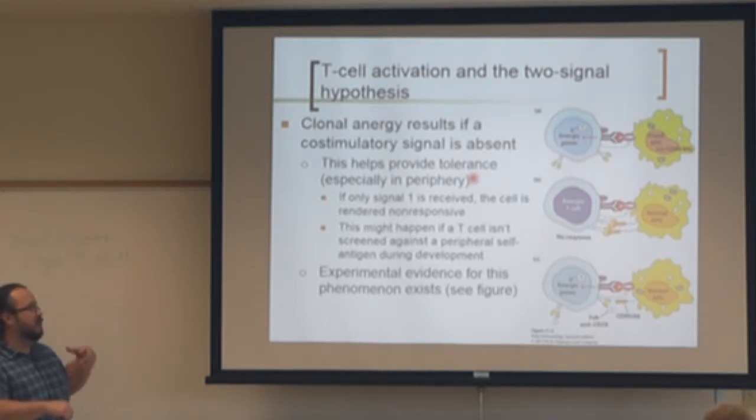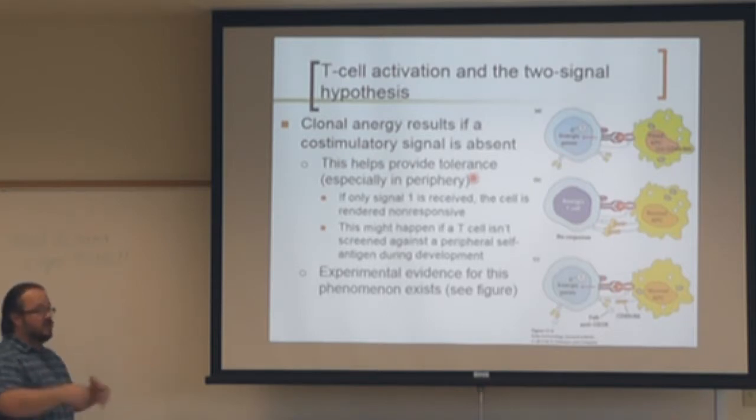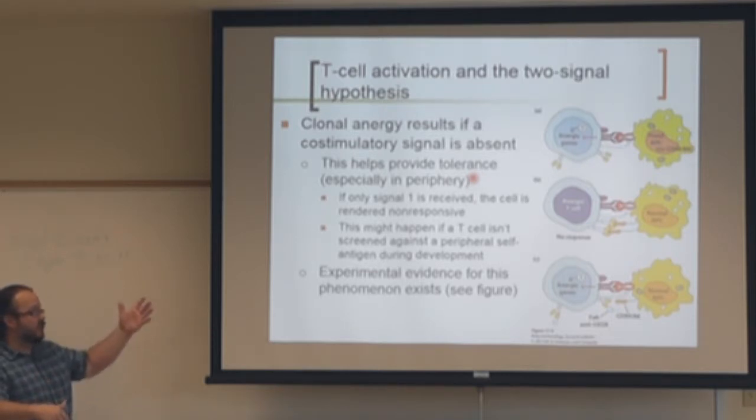They saw that you can take T cells and stimulate them with anti-CD3, so you just activate them regardless of what they're bound to, and that wasn't enough, because that would actually induce them to be unresponsive. They would not proliferate, and would not respond well to antigen afterwards. But if they had antigen-presenting cells in the plate with those T cells, then they would get cells that could be stimulated and look like good effector cells.